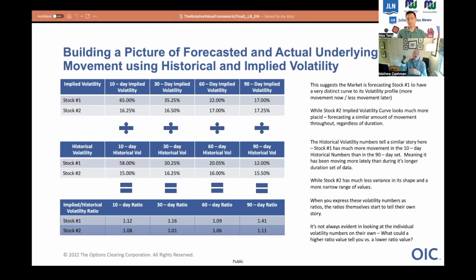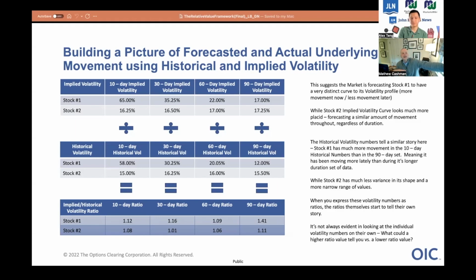The implied vol is 112% of its realized vol over the same number of days. When you express things as a ratio, what ends up happening is you start to think about it in terms not of actual numbers, but in terms of relative levels. That's the power of this idea. Because oftentimes people will look at a 65 vol.